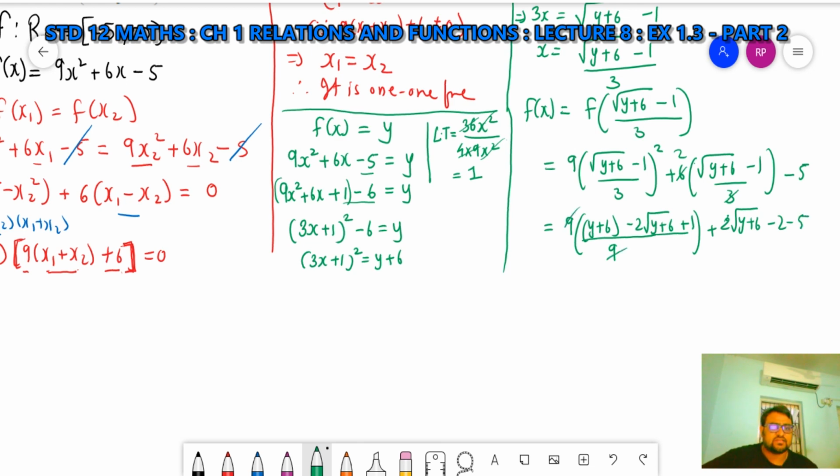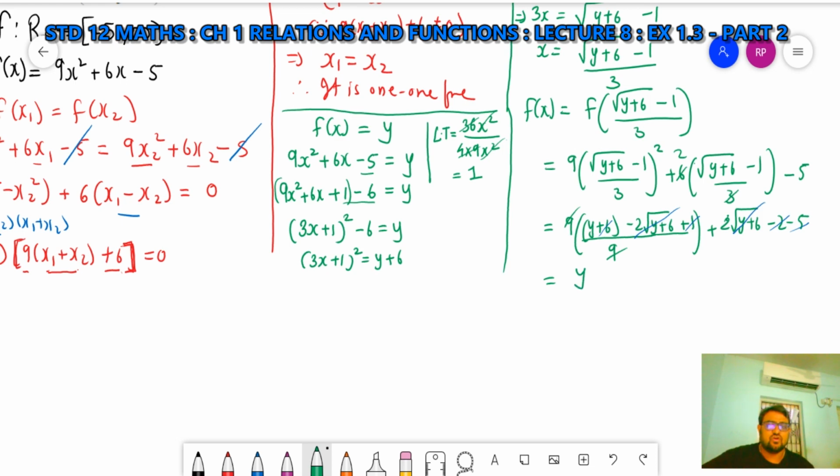Here 9 gets cancelled. So this will be equal to y plus 6, or else I can easily write down here minus 2 into root y plus 6 plus 2 into root y plus 6. 5 minus 2, that is minus 7, and here 6 plus 1, so that is 7. So the answer I got here is y.